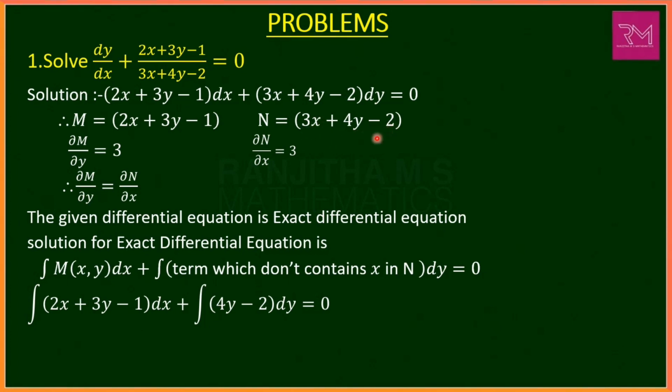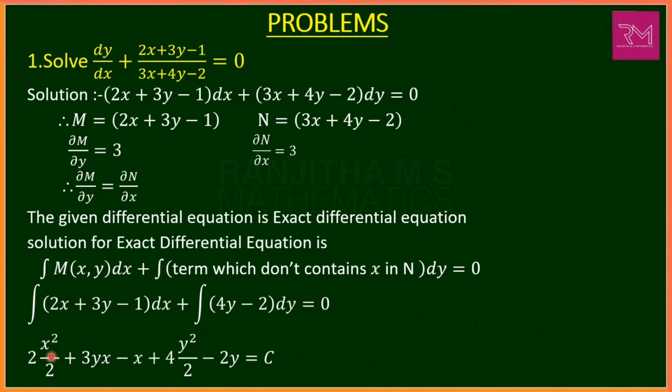Here no x term, here also no x term. So in its place, we write integral of 4y minus 2 into dy, which is equal to 0. Observe carefully. In the first integral, we substitute m, with both x and y values. In the second integral, we exclude the terms which contain x in n, that is 4y minus 2. We have to integrate this with respect to y, which is equal to 0.